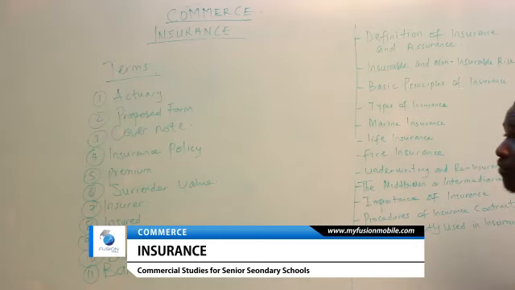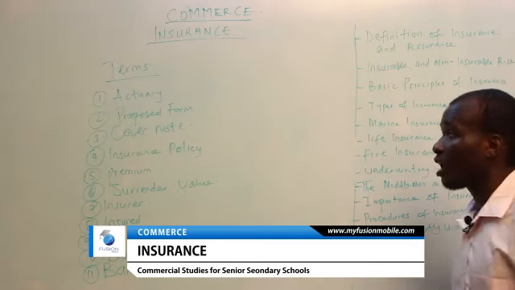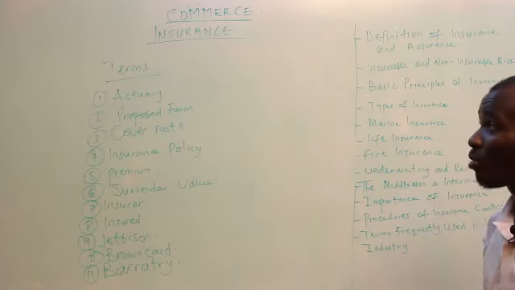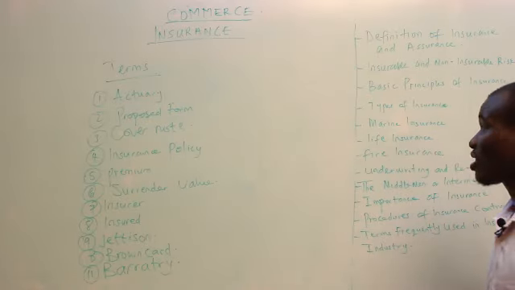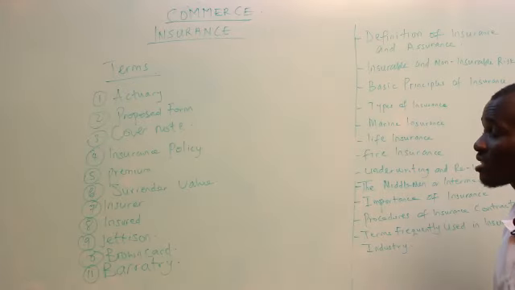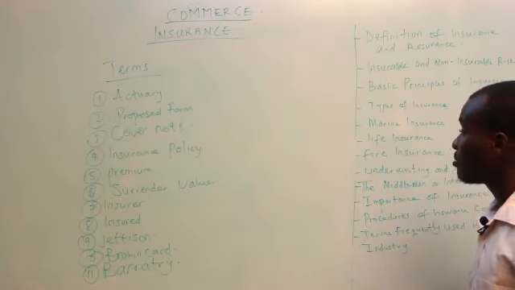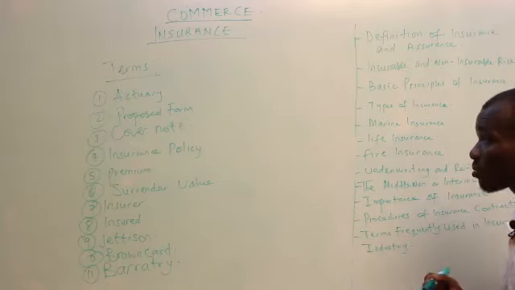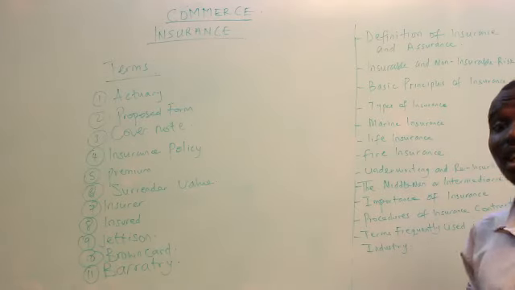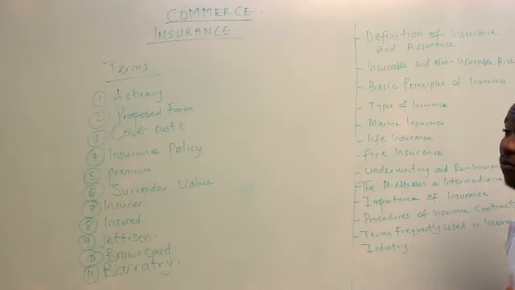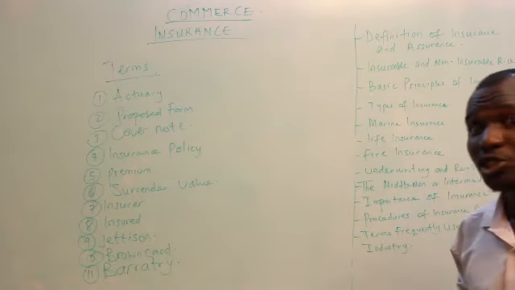So the first thing we have is the actuary. The actuary is a person in life assurance who is responsible for calculating the risks and the premium in the policy. So the person is calculating and estimating the amount of risk, and also handling some pension funds, and calculating the amount of premium to be paid by the insured person.